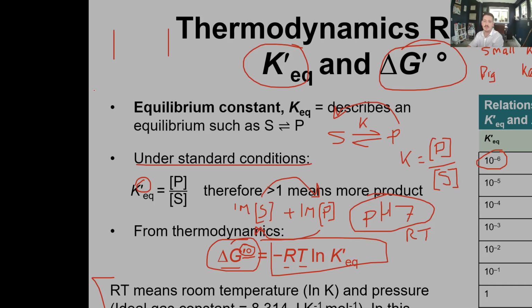And if KEQ is small, that's saying that it might actually be 1.8 to 0.2, substrate and product. So that's saying that there's actually a lot more substrate, and the reaction does not want to proceed forwards. Actually, even with the enzyme, the reaction does not want to proceed forwards. The reaction wants to stay mostly at substrate.